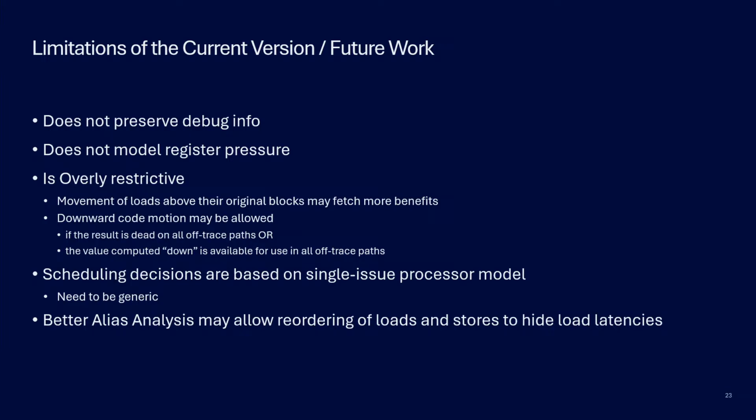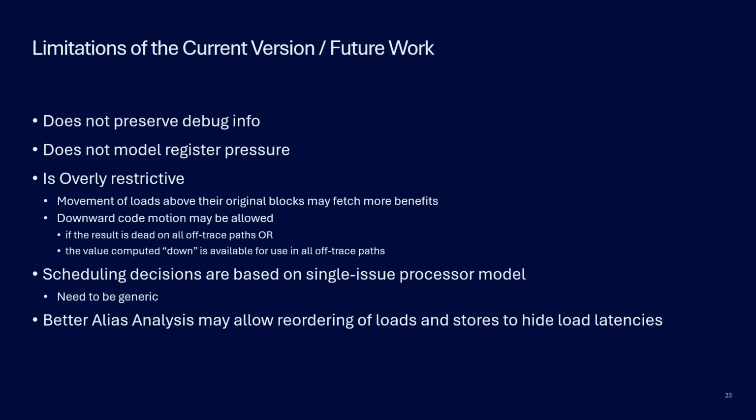Why? We'll get a wrong value, right? We'll get a stale value for this load. We should see if R5 and R4 may point to the same location, may contain the same value. Then what we are doing is storing R1 to R5, and this load should get the same value of R1, right?